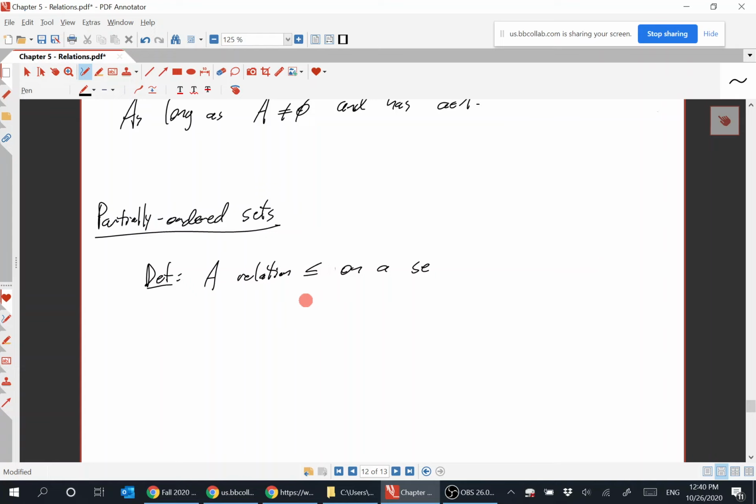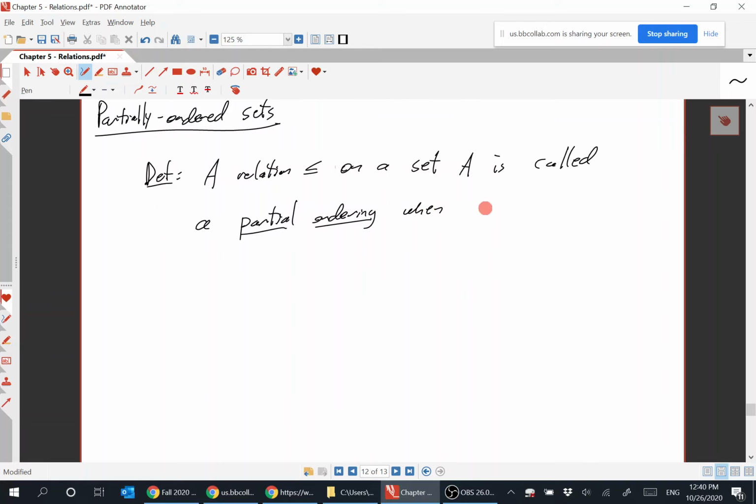You always use this. A relation on a set A is called a partial ordering when it satisfies the following three properties.